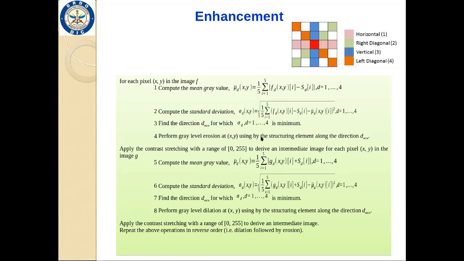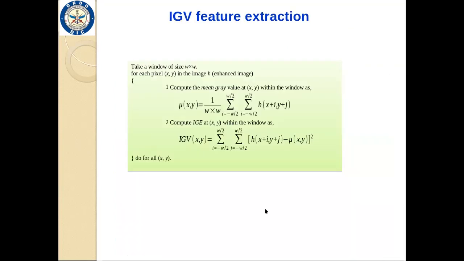I perform gray level erosion using the structuring element in that direction, the direction which I get by dmin. Then contrast stretching between 0 to 255, because our data is 8-bit data. Similarly for the dilation. It is a morphological operation, alternating erosion and dilation.